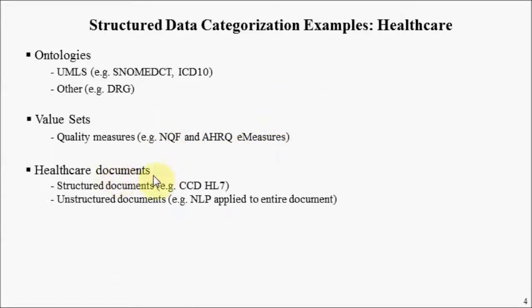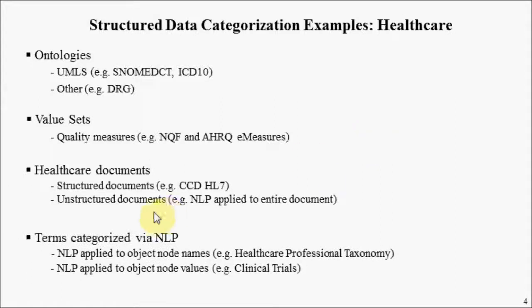We're going to look at healthcare documents. These are basically XML documents of various types. And we're going to look at terms that can be categorized via natural language processing, the ability to take nodes in a graph and be able to categorize them ontologically from a healthcare perspective.